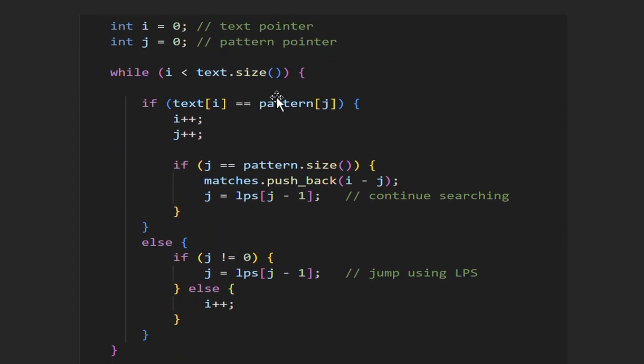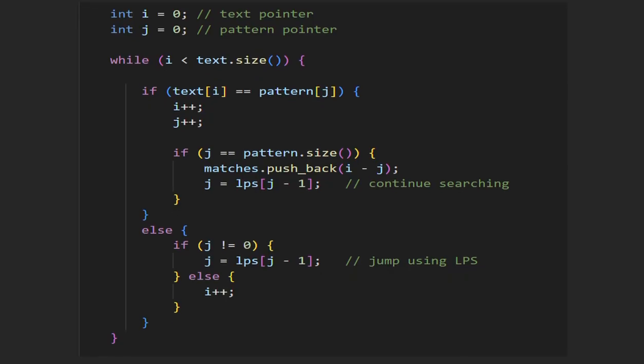So if you see the code, we have one I pointer and one J pointer, right? And until our I is less than text size, if text of I is equal to pattern of J, right, then we will increment I and J. We will shift both by one index ahead.